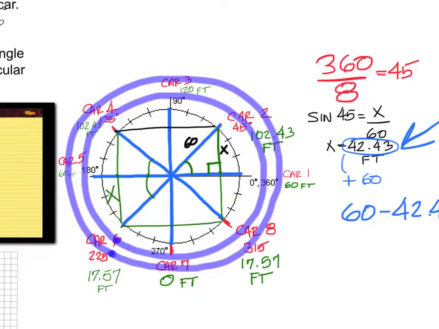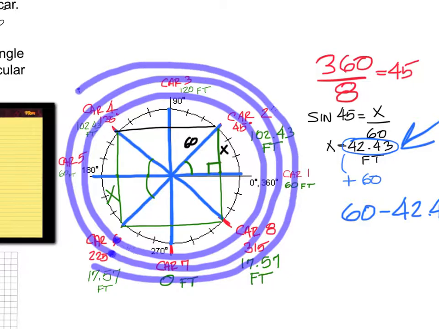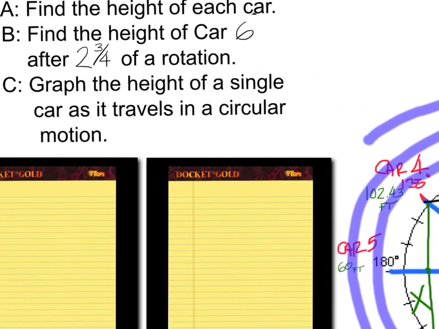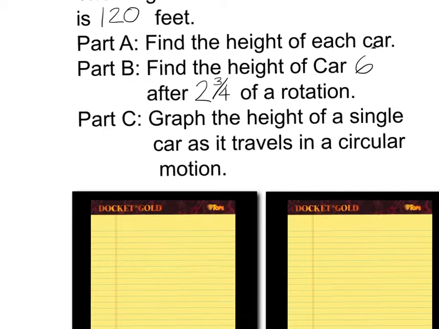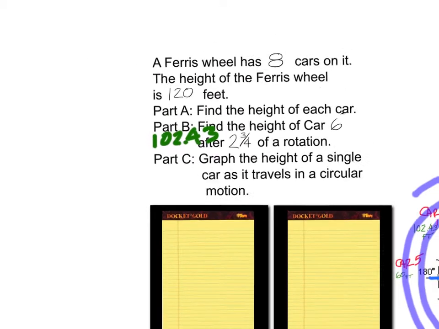Remember, every 2 pie slices is 1/4 of a rotation. So there is 1/4, 2/4, 3/4. What is the height of car 6 after 2 3/4 rotations? 102.43 feet. That's right. Whoa, 102.43. Thick marker.